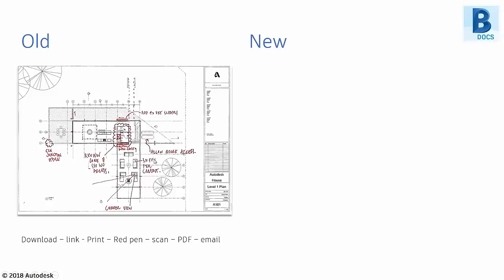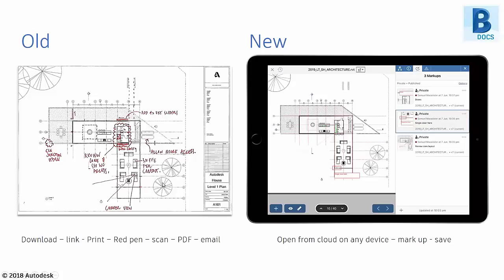What we're trying to do is move away from this old way of collaboration to this new way where you can open up the information from the cloud on any device, web browser, iPad, iPhone, mobile device, mark it up on that device using the tools that are available here to simply mark up and then save it, and this information automatically gets distributed out to other teams who have permissions to those folders.